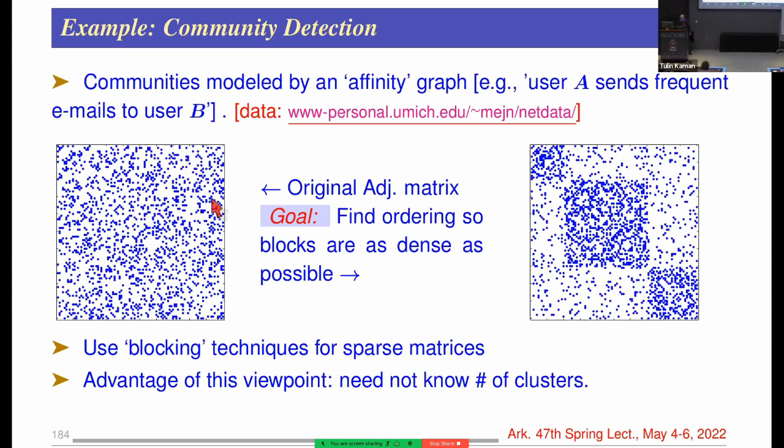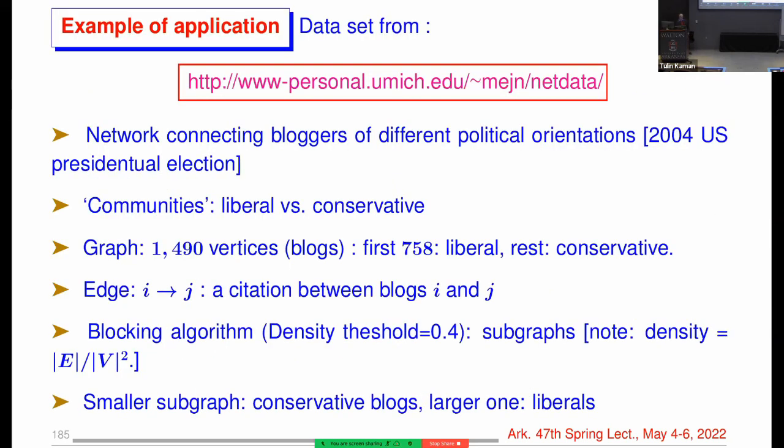And then you look at the discussion blogs, of the discussions between people, and you're trying to figure out how you can cluster them. And it turns out you can just look at techniques based on blocking for sparse matrices, getting a block structure, and you can get very easily something like this. So it's an interesting illustration of a technique used for sparse matrices that turned out to be useful in a different context. So there are some references here and things like that.